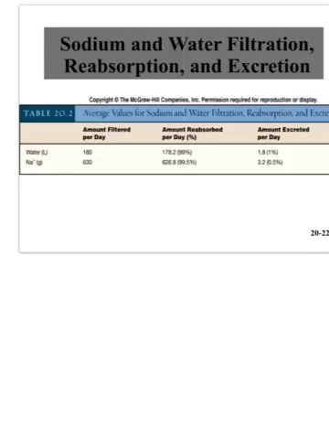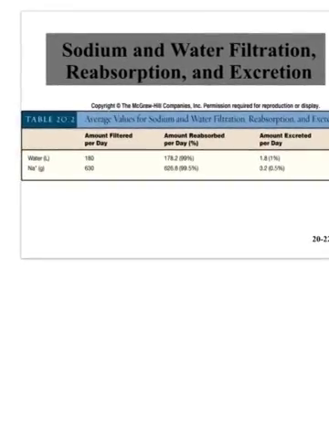Here's a comparison table from your book to go through the 3 processes. So water, we filter 180 liters of water per day, and then we reabsorb 178 of those liters. So all we're losing through excretion or urination is about 1.8 liters of water. So we're recapturing nearly all of it.